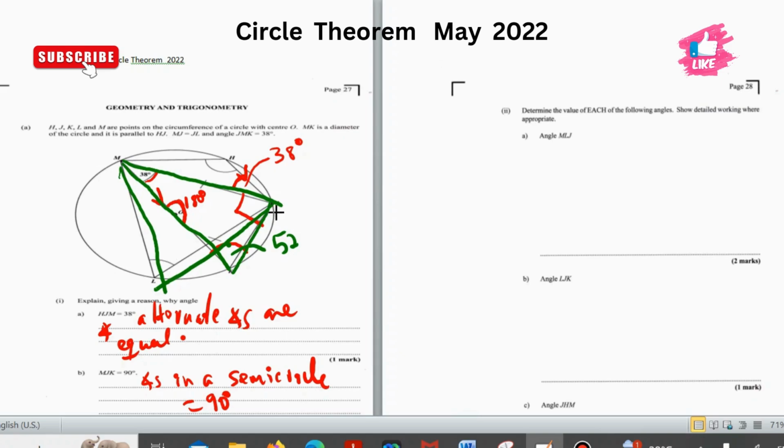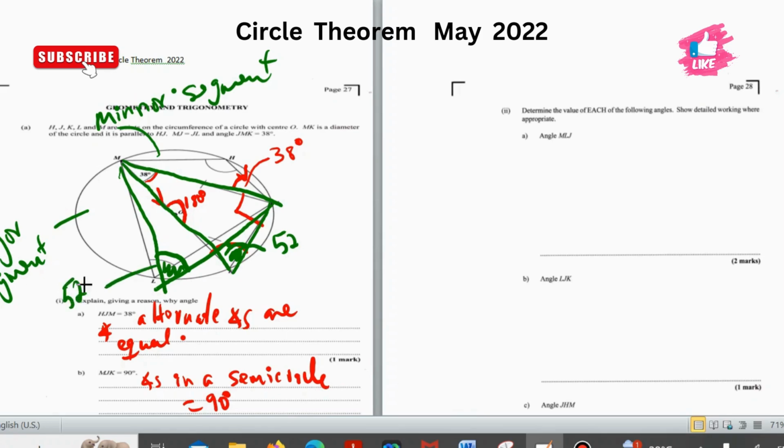Because two angles are now in the same segment, because this chord has divided up the circle into a minor segment and a major segment, and these two angles are in the same segment, if this is 52, this angle is also equal to 52 degrees.